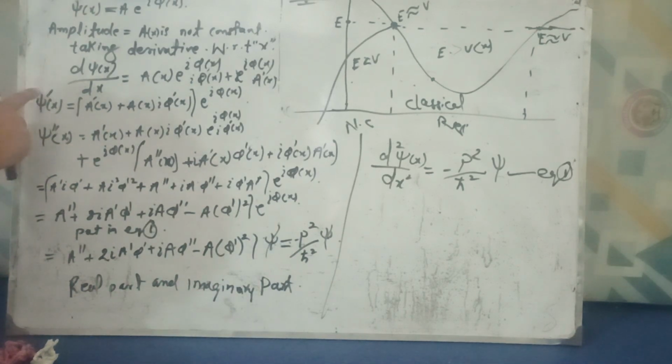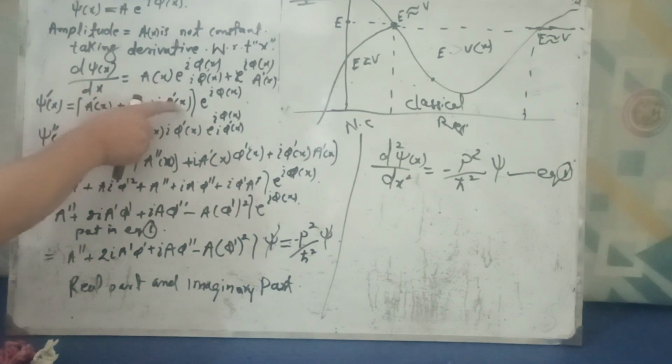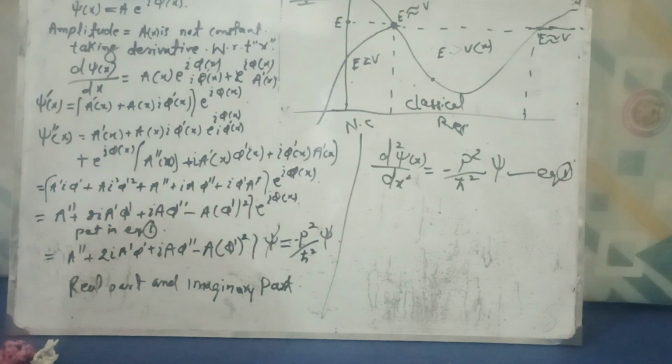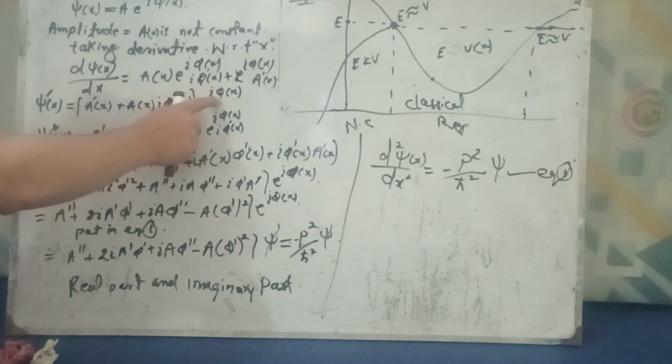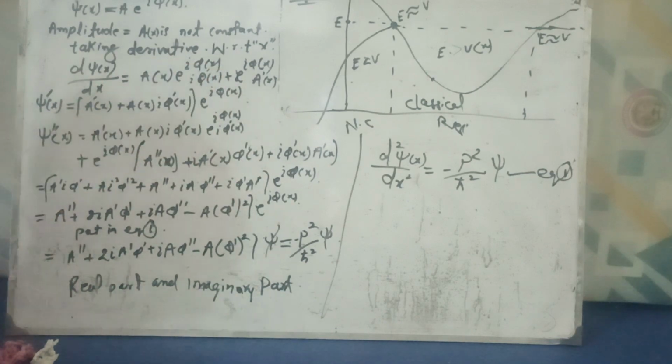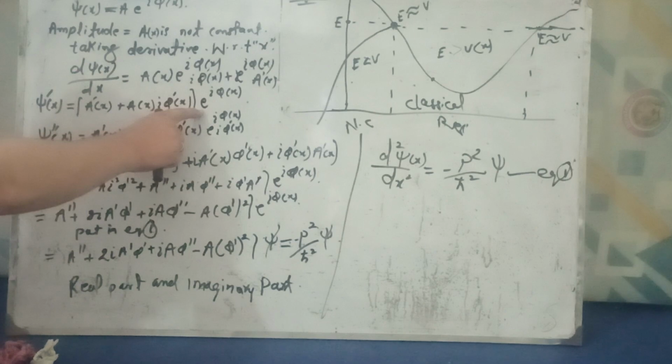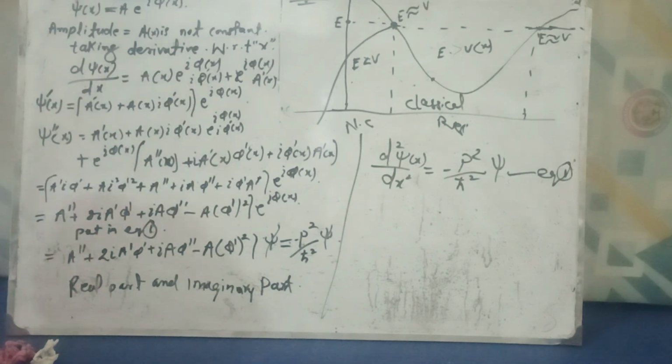Now psi prime of x is equal to A prime x plus A of x i phi prime x, in brackets, times e to the power i phi x. This e to the power i phi x is common in both, so we are taking it common.